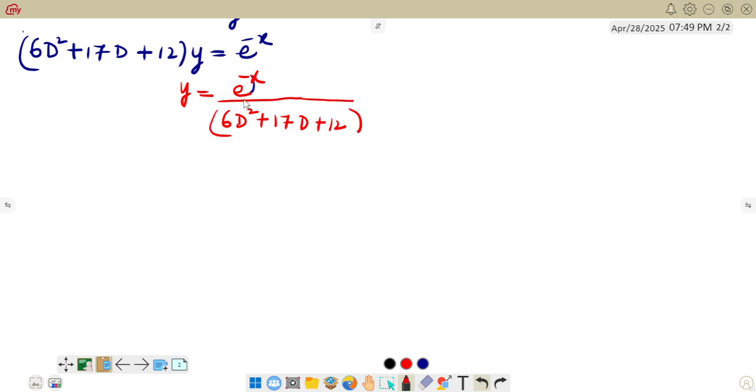As you know, this is a type 1 example, particular integral type 1. Type 1 means the numerator is e raised to ax and the denominator is a function of D.